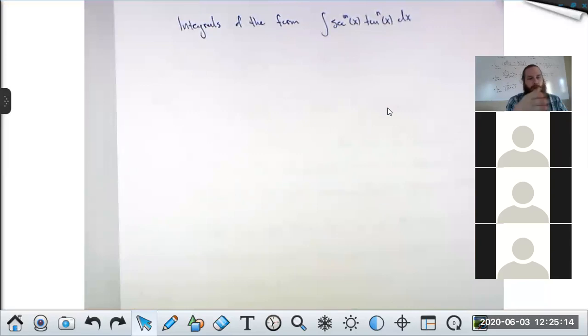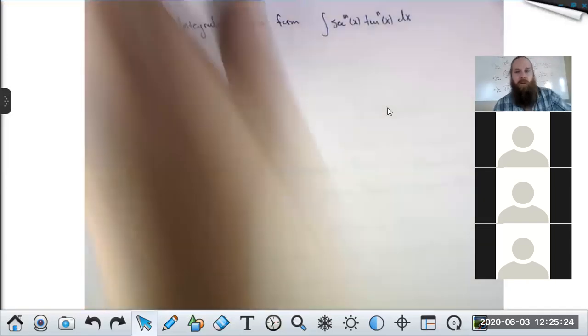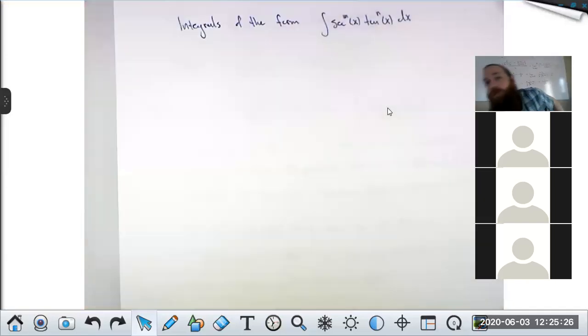So that allowed us to play that game where we set aside one copy of one and substitute for the other. The derivative of secant is not tangent, and the derivative of tangent is not secant, but they are related to each other. So similar tricks will work, just not the same exact tricks.